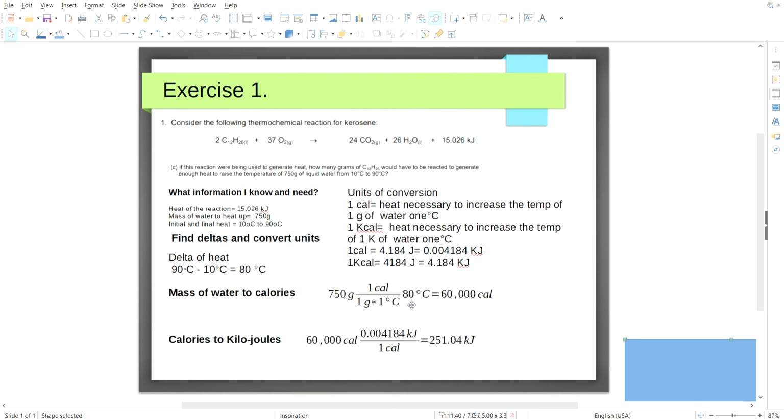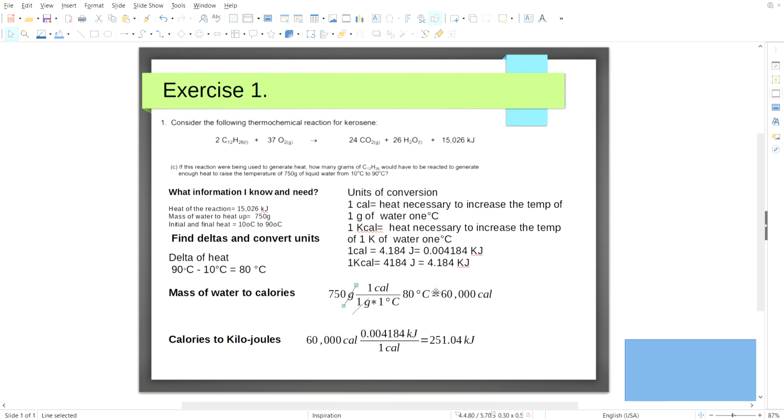And I know also that I need to increase the temperature not only 1 Celsius degree, but 80 of them. So basically what I'm going to do is multiply this number by 80, using this other part of the equation. What is important about this is remembering which units are going to be cancelled. So check here that grams are being cancelled with grams, right?